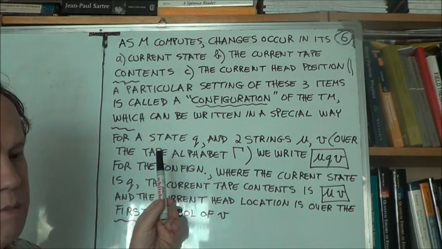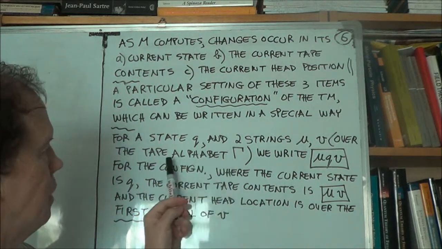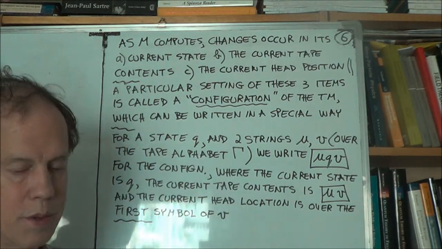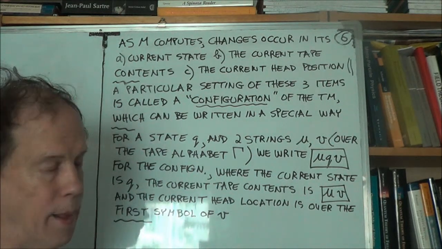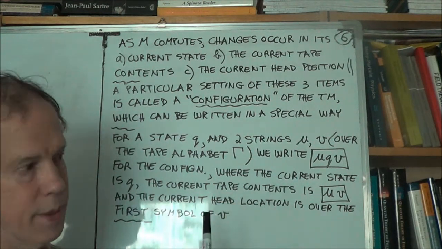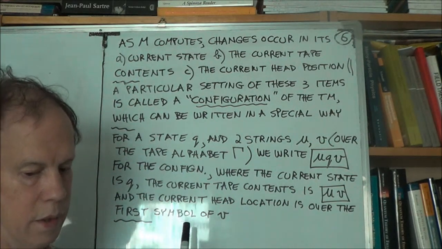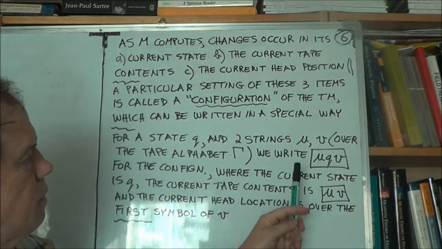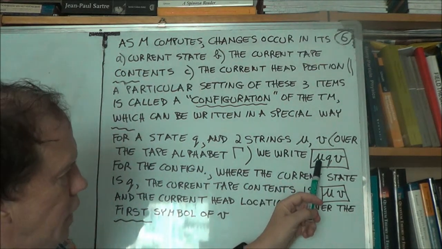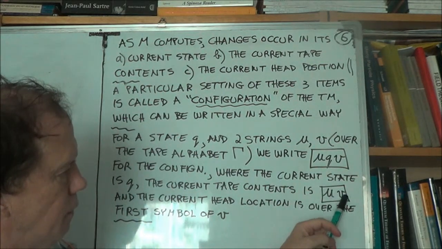Not the input string alphabet, but the tape alphabet. In other words, it could include the empty string, epsilon, and maybe other symbols that are not in the initial string alphabet. So the tape contents, you just concatenate the strings UV, so you get this, right?